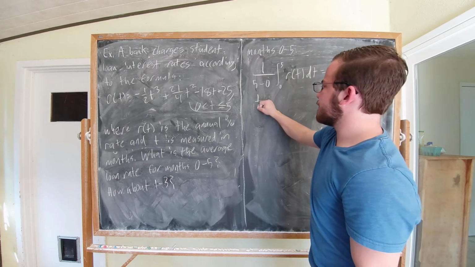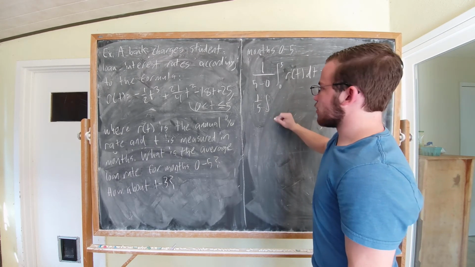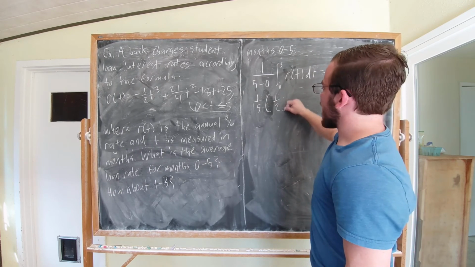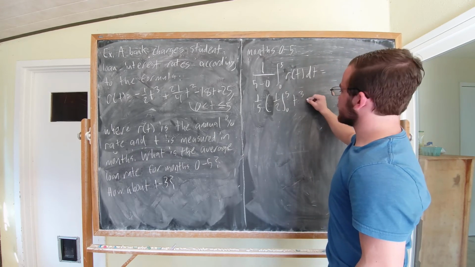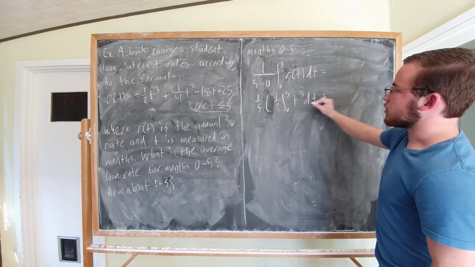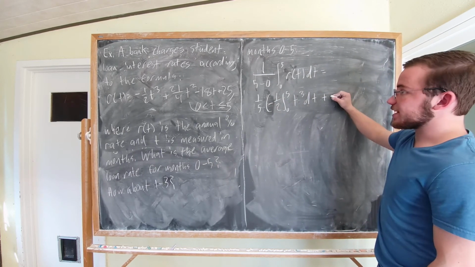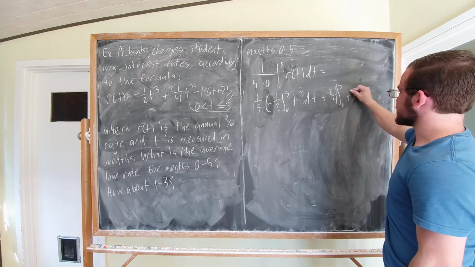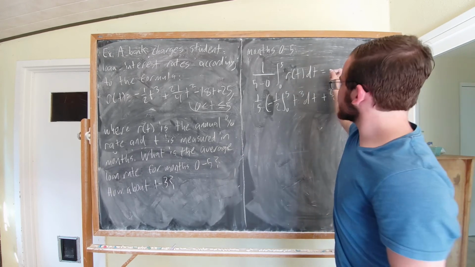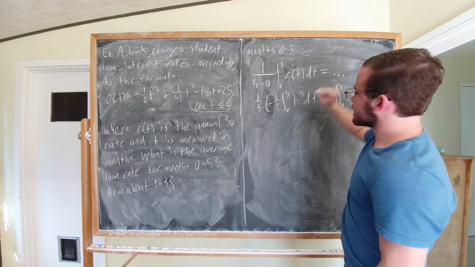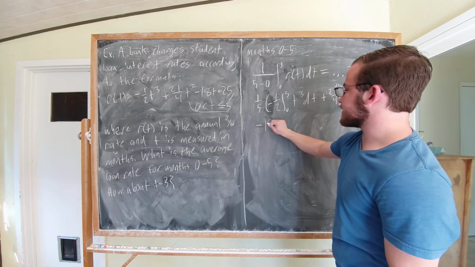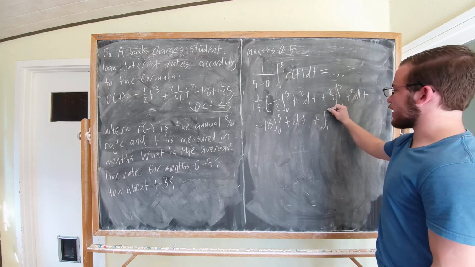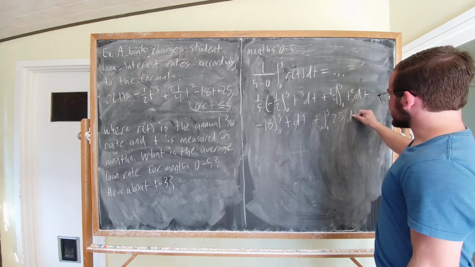That's 1/5 times 1/2 times the integral from 0 to 5 of t cubed dt, with -1/2, that's a very important distinction, plus 21/4 times the integral from 0 to 5 of t squared dt minus 18 times the integral from 0 to 5 of t dt plus the integral from 0 to 5 of 25 dt.